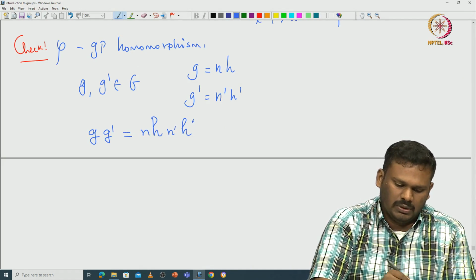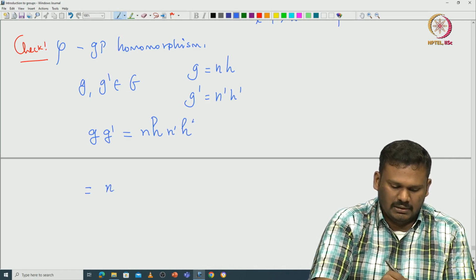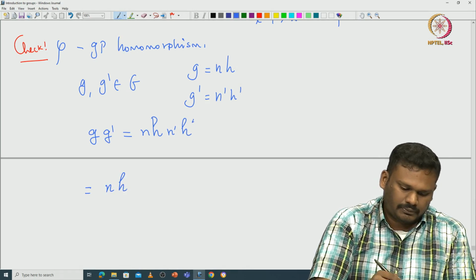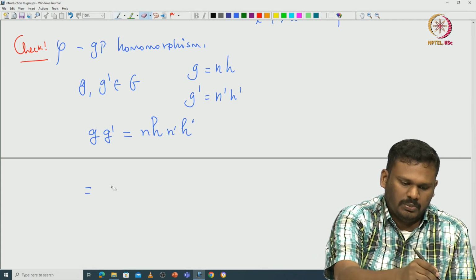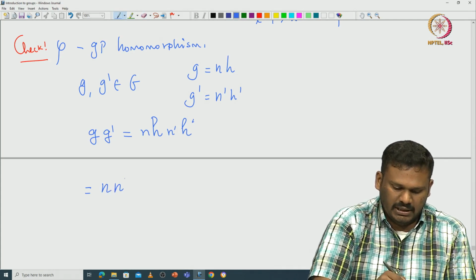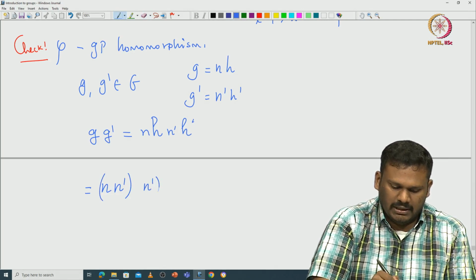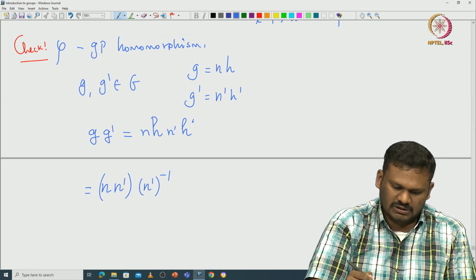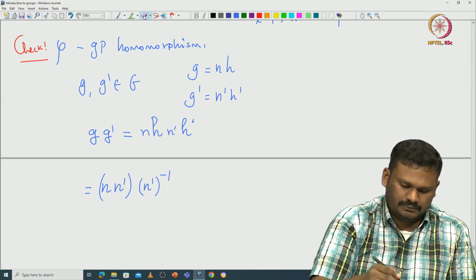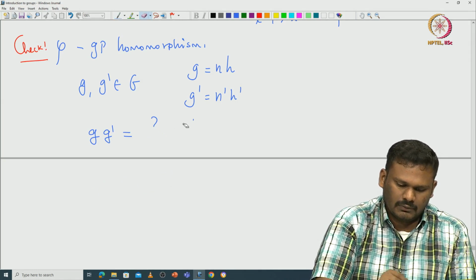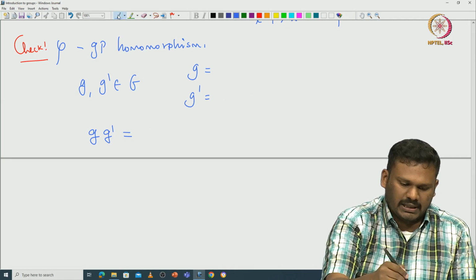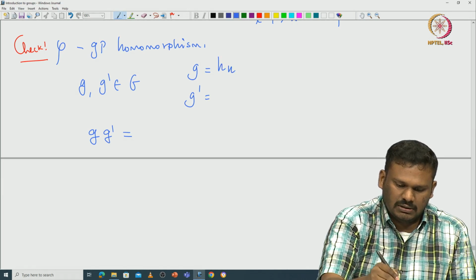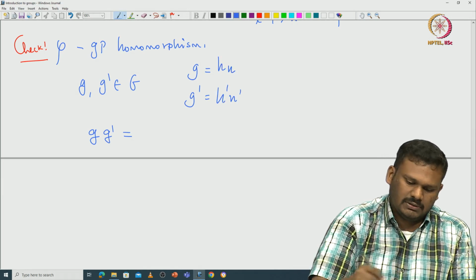Now what I can do is multiply by H dash inverse and H dash, to bring N dash here. Sorry, I need to do it the other way, because this H is acting here. So let's write G equal to Hn and G dash equal to H dash N dash.